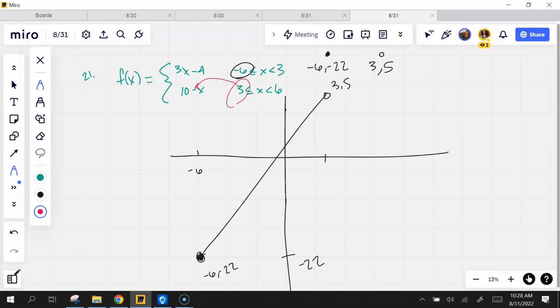Okay, plug in 3 to this one. I made a mistake on my key. That's okay. I'm sorry. 3, 7. So 3, 7. It's about where that one is. This one's filled in. Then I plug in 6, and I get 6, 4. Oh, that one's open. That's odd. This is 6, 4.